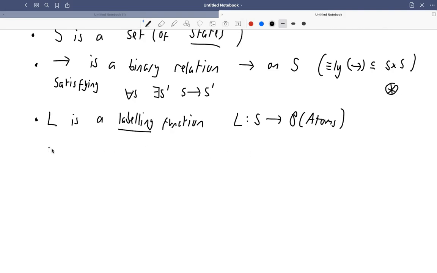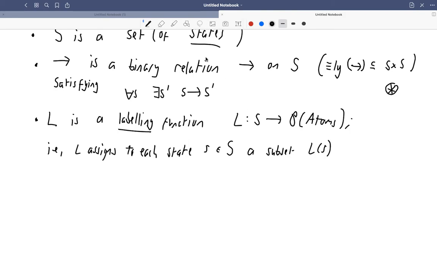So let's write that down. I.e., L assigns to each state little s belonging to the set big S a subset of the atoms of state little s. I should make it clear this is a little s.